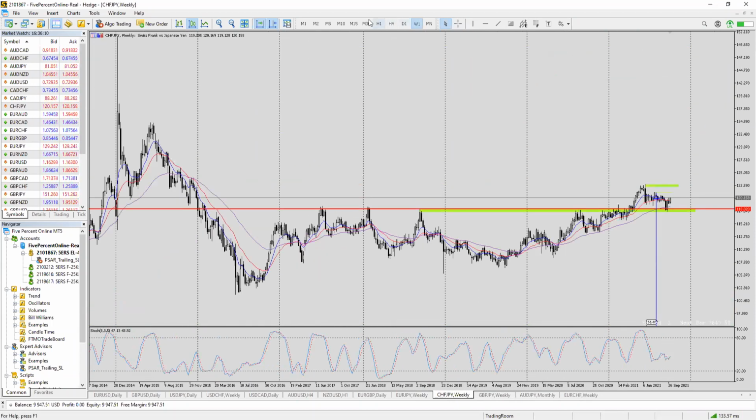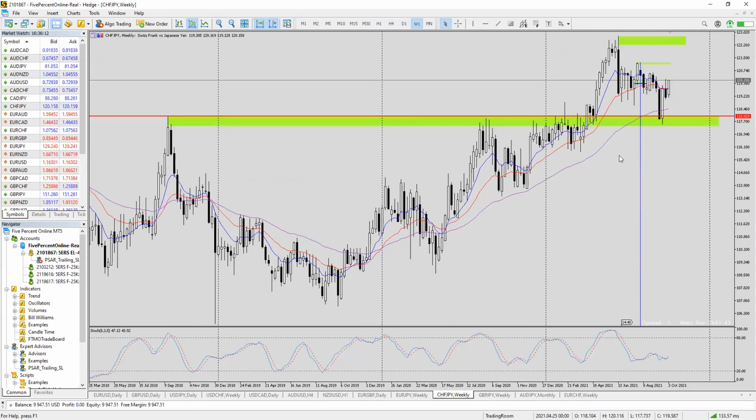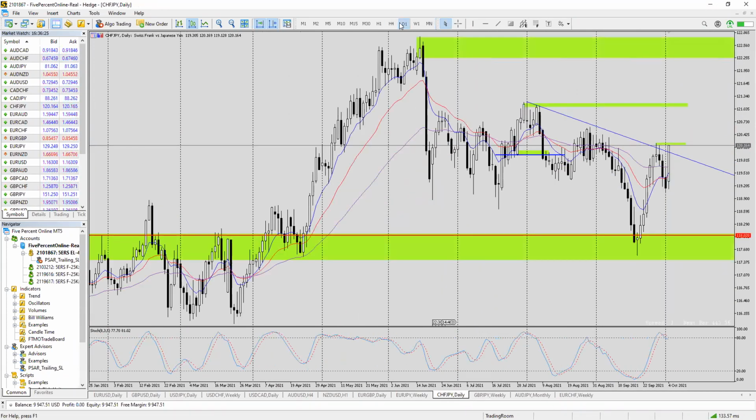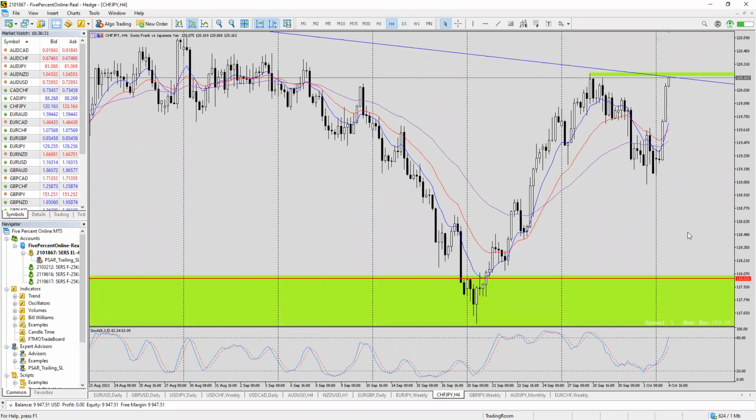On the monthly chart, it could take a few days or even a few weeks, but on the weekly chart, we could see the Swiss yen moving much higher, again, unless the Swiss National Bank decides somehow to intervene or weaken the Swiss for some reason.